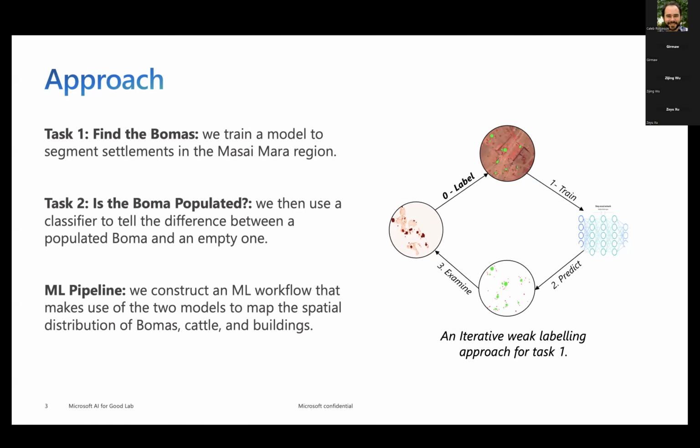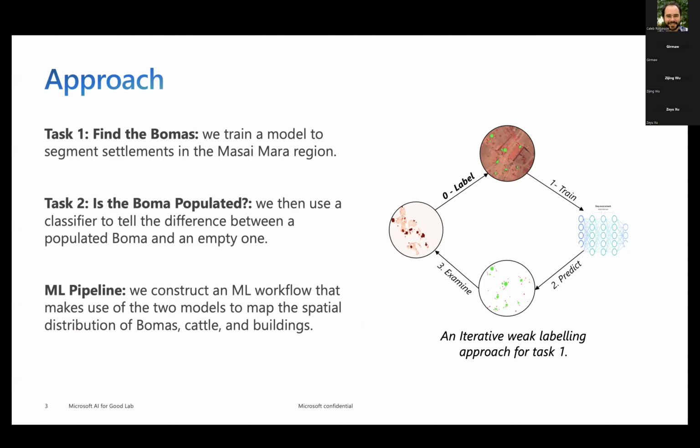That's the first step. The second task is to have some signal of how active a boma is. Is it active or not? Meaning, at the time of the image being captured, was the boma populated? Did it contain cattle or not? So typically the process we did is we start with the image, we use the point labels, we annotate a few boma geometries and train a model, and then use that model's outputs as feedback to add more labels.